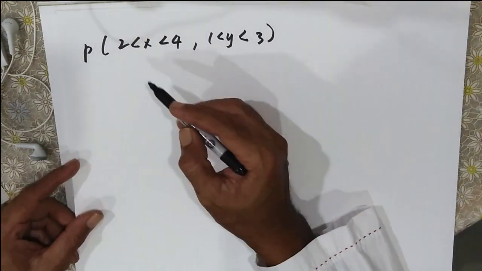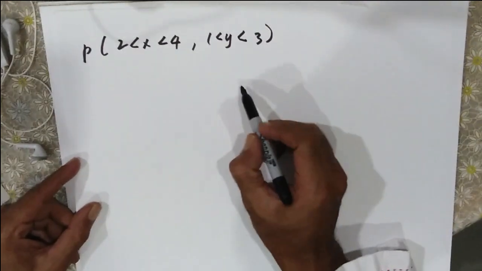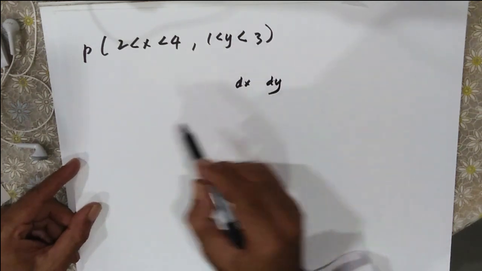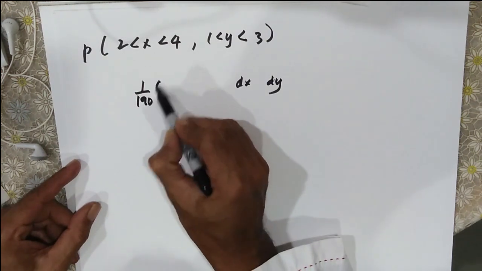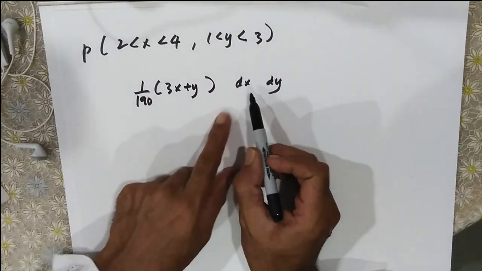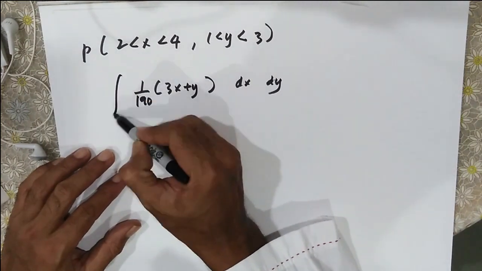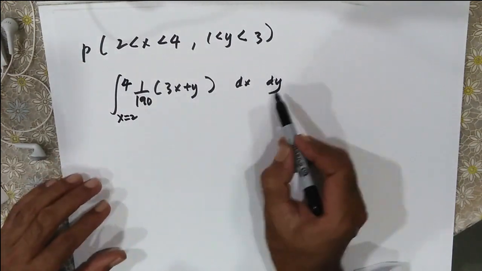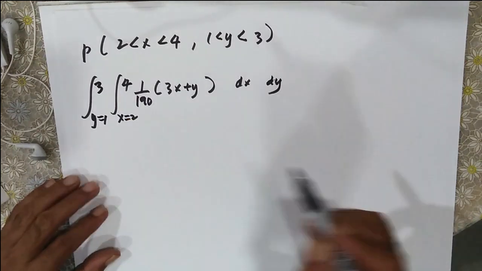Because of the x limit here, we integrate dx, then we integrate with respect to y. Our initial function is 1 over 190 times 3x plus y. The limit for x is from 2 to 4, and the outside one for y is from 1 to 3.